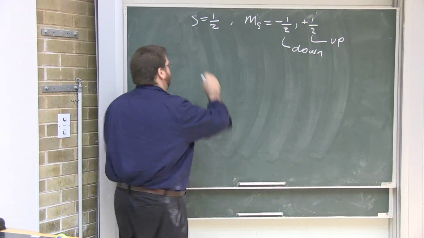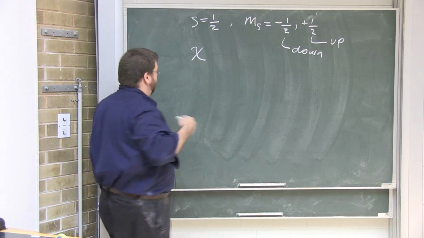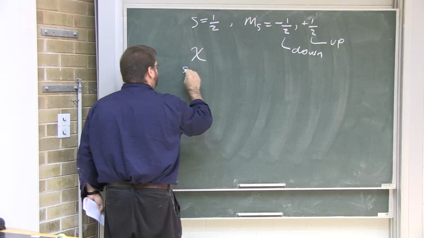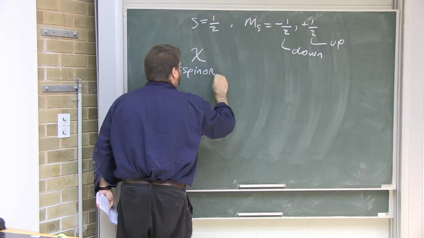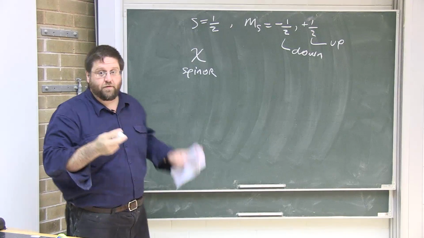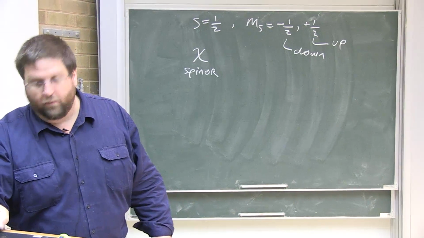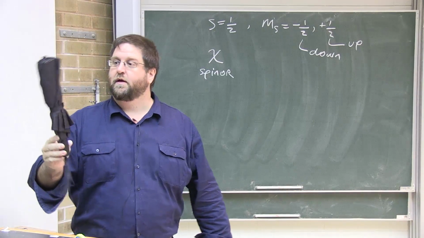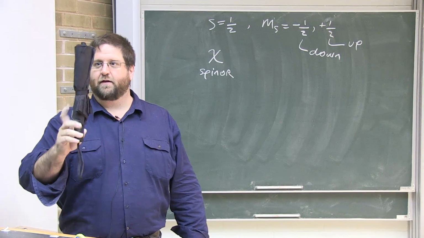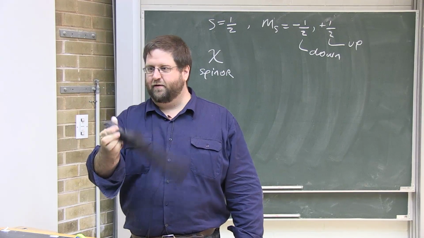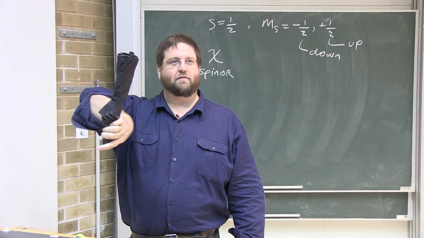Now the allowed spin states, we use the spin wave function chi, which was an example of a spinor. And these are objects which have very, very interesting mathematical transformation properties, which are not intuitive at all. These things are not vectors. An ordinary vector, if you rotate it through 360 degrees, you take a vector, rotate it through 360 degrees, it's the same vector.